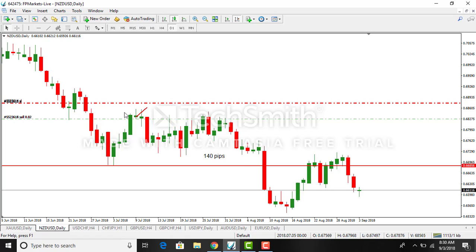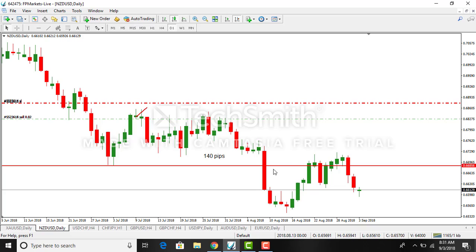So if I had 4 positions open, like I mentioned with the previous example, and price would have hit that area, I could have exited 1, and that would have given me positive 140 pips just for that 1 position. And we move these stop losses to break even, and we let price do what it has to do.